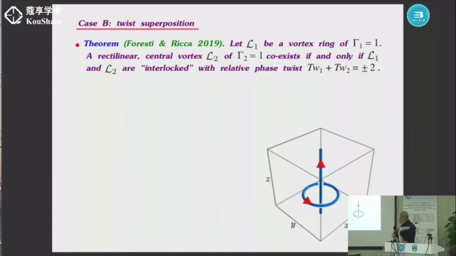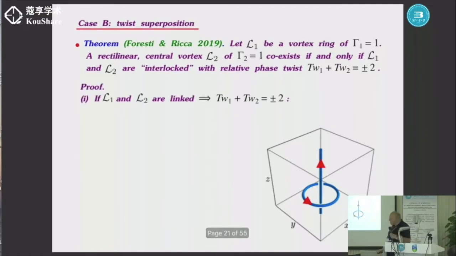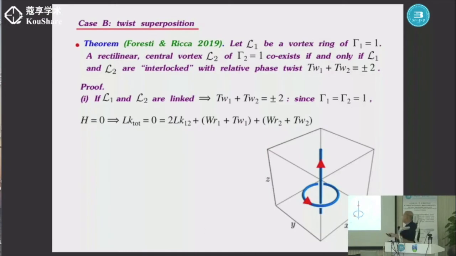We have our configuration here, and the topological statement. First, if L1 and L2 are linked, then we have this result. Well, easy, because we start with helicity equals 0, total linkage equals 0. The total linkage is just twice the linking number of the system plus the contribution of writhe and twist of the two components.